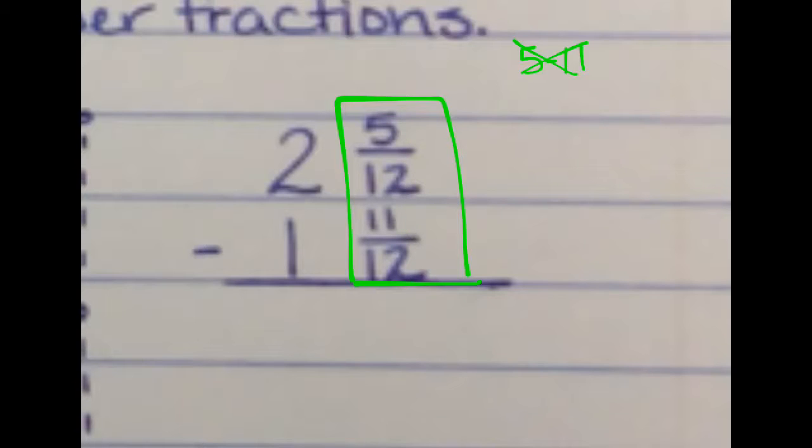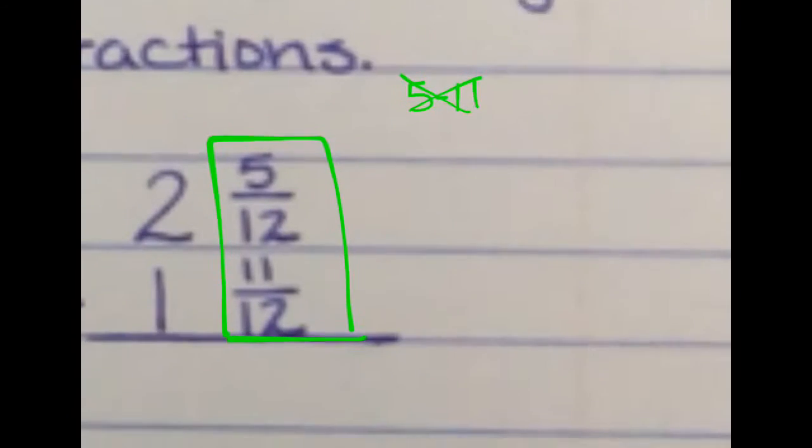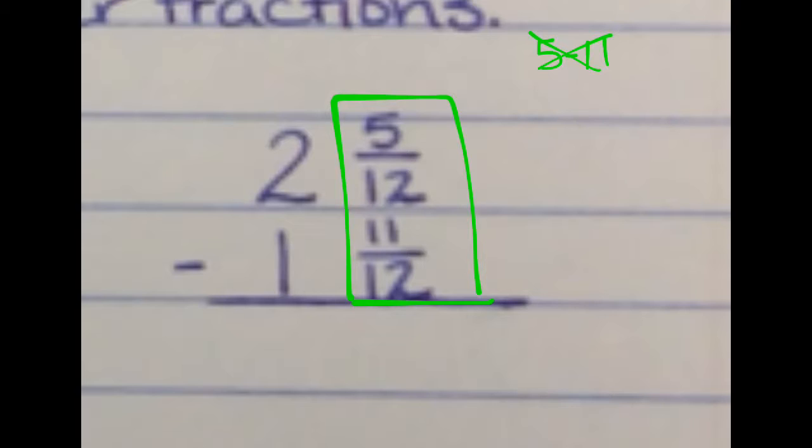So what we have to do instead, up here in our steps, it says you may have to borrow from your whole number and rename the whole you use into a fraction with a common denominator. So we're going to come over here and borrow from our whole number. If we borrow 1 whole from 2, that's going to leave a 1.